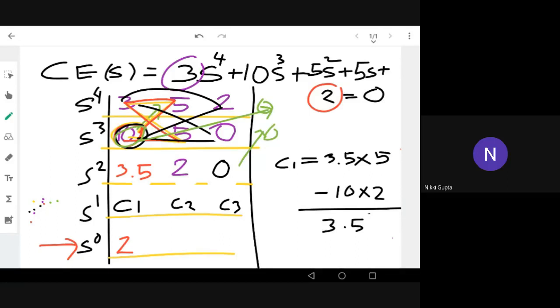But it is negative, minus 5 by 7. A negative value is coming, so we should know that the system is going to be unstable.